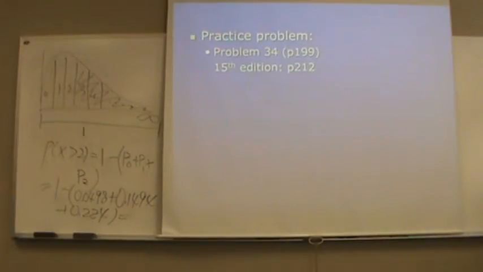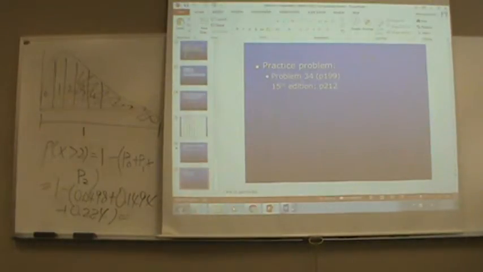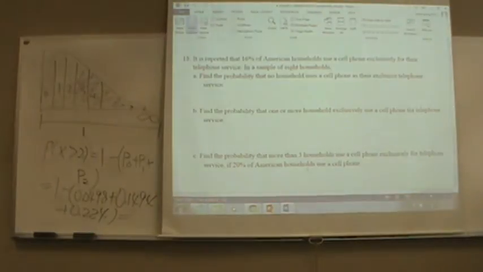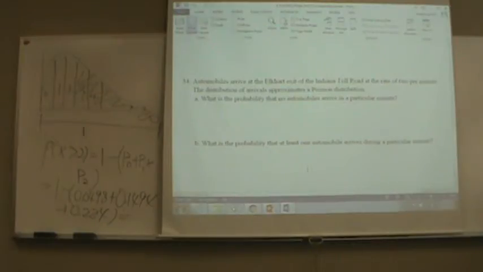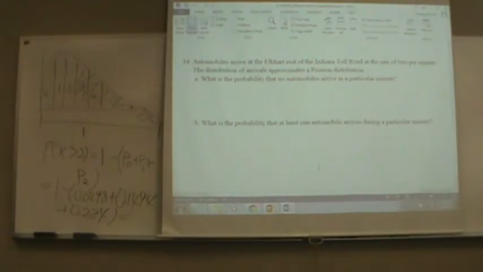Practice problem number 34. Automobiles arrive at an Elkhart exit of the Indiana Toll Road at the rate of 2 per minute. The distribution of arrivals is approximately Poisson.